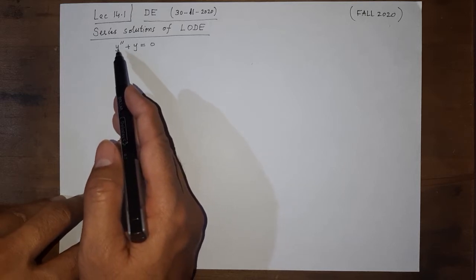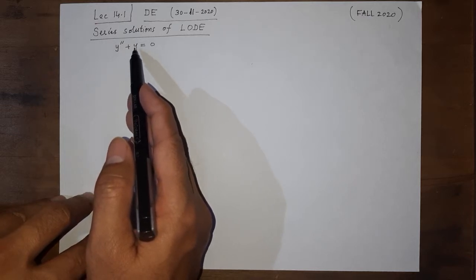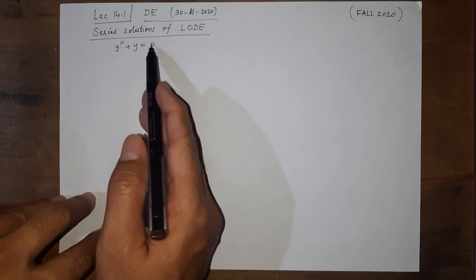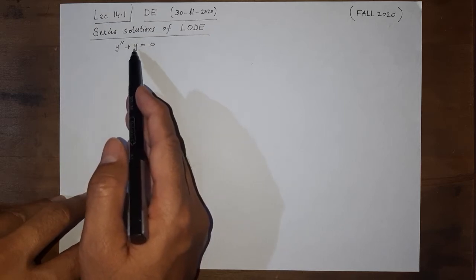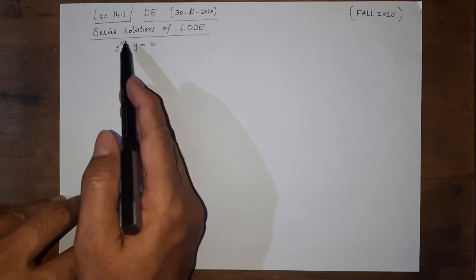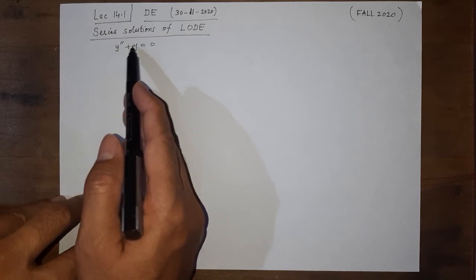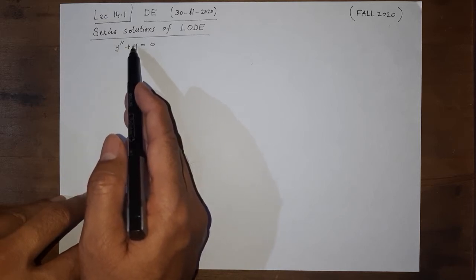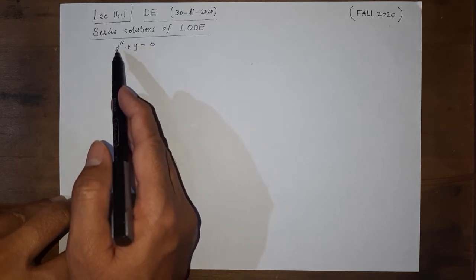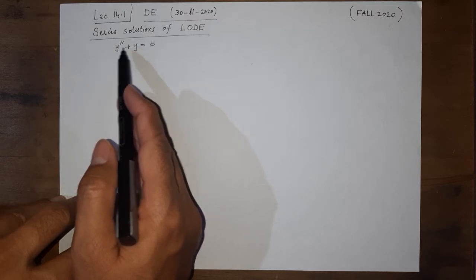We have a second derivative term and then y itself, and the sum of them is equal to 0. So basically we are looking at a function y whose second derivative is the negative of the original function. If y is some function, then the second derivative should be negative of y.